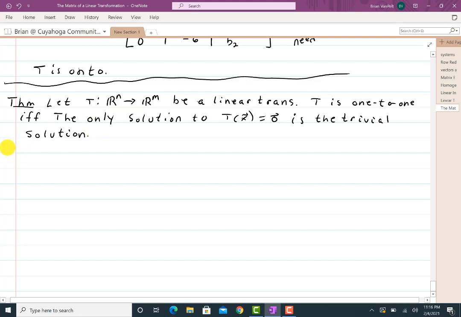Let me do the proof. And once again, since it's an if and only if, there's two directions here. First, we make the assumption of whatever is before the iff, and that is we are going to assume that T is 1 to 1.